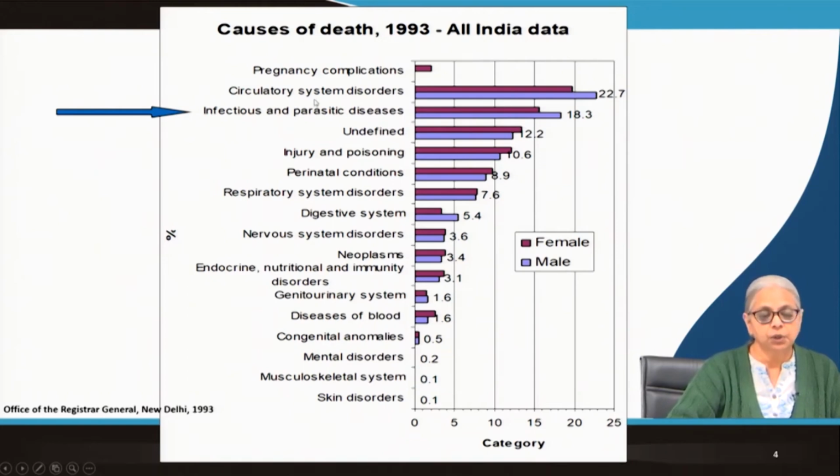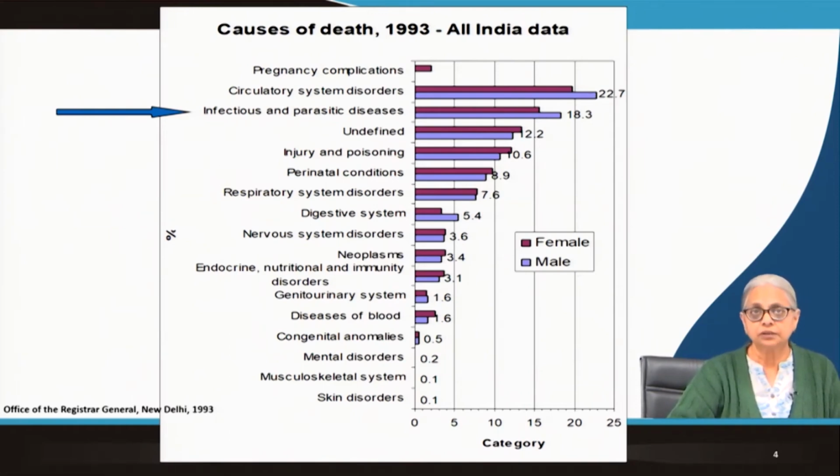The first one is circulatory system disorders, and that is followed by infectious and parasitic diseases. These infectious and parasitic diseases, the number 2 cause, account for 18.3% for males and just a little bit higher than 15% for females.